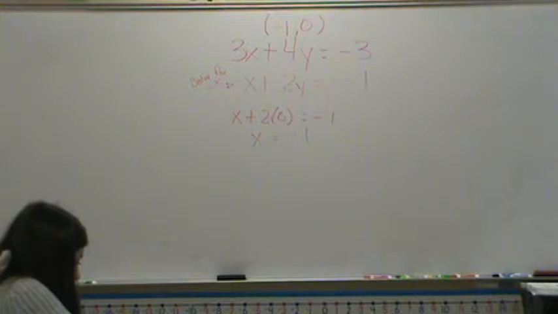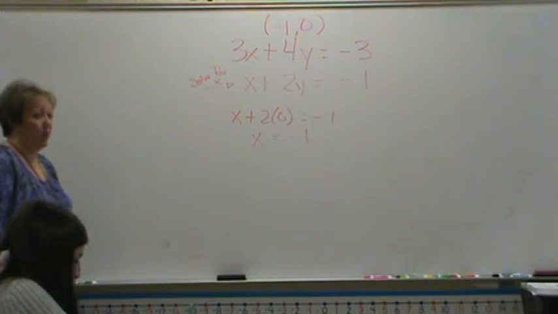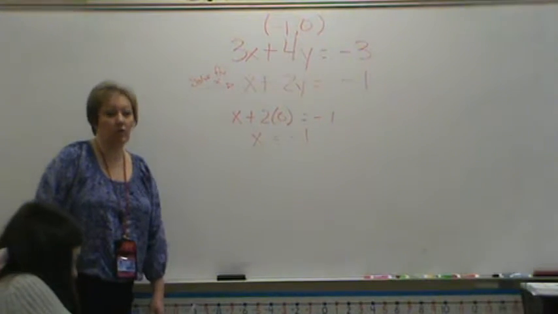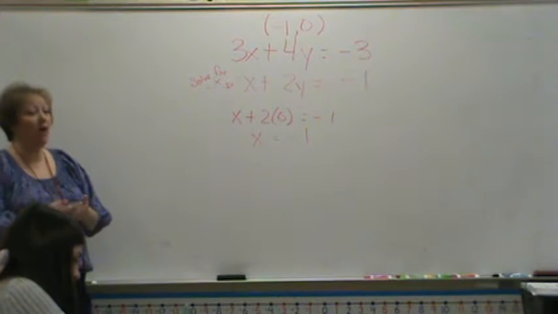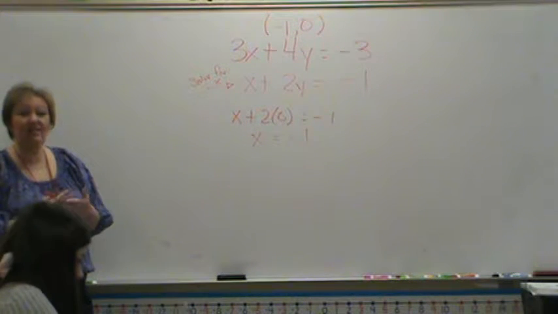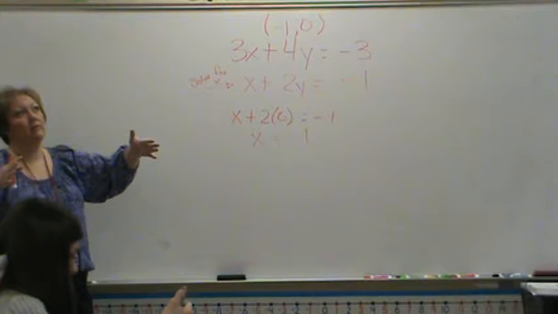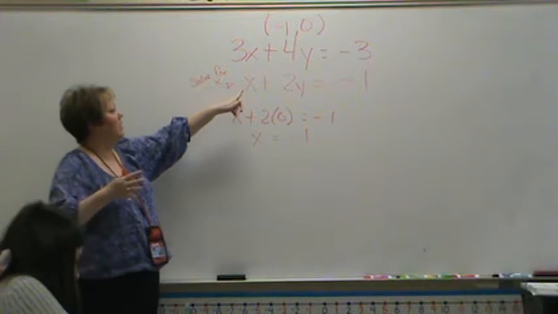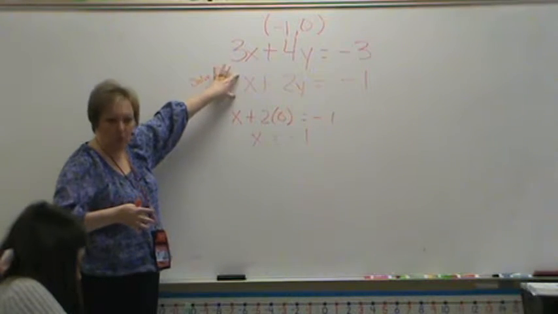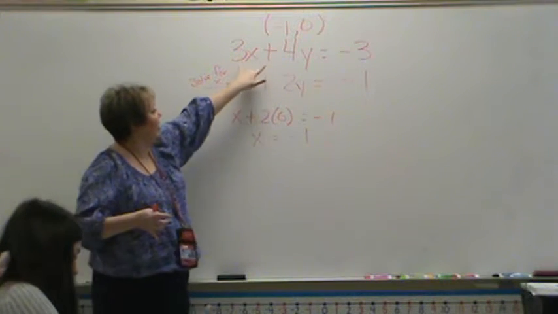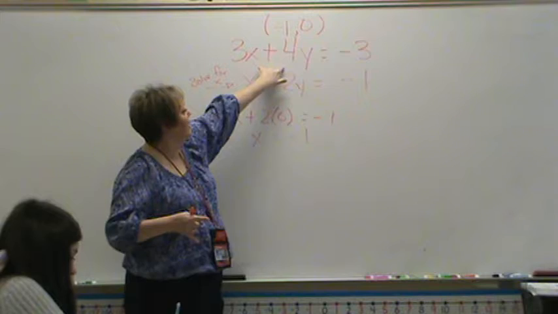How do you know which equation to do? That is a good question, and it's your choice. You just pick the one. I always like to pick the one that's got the fewer numbers with it. Like this one, the coefficient's 1. Here I've got coefficients all over the place.